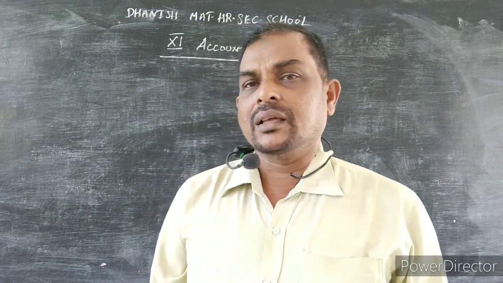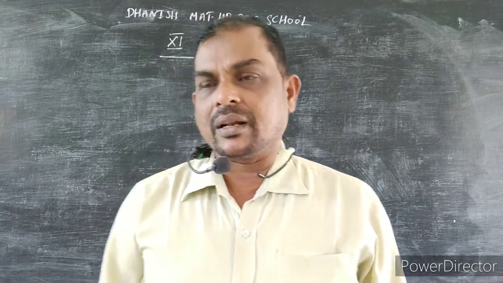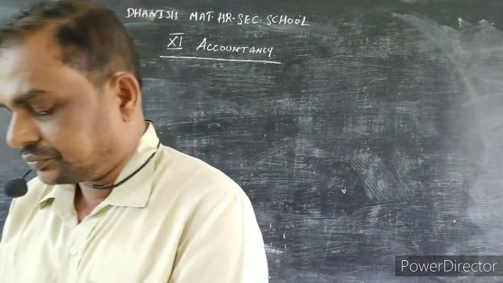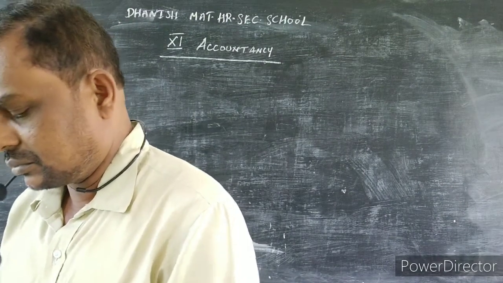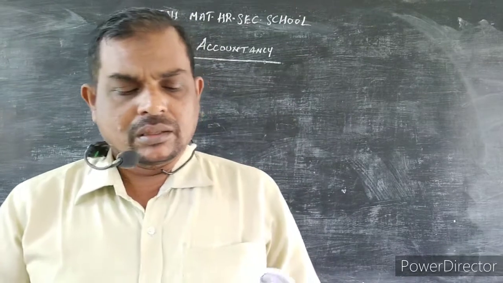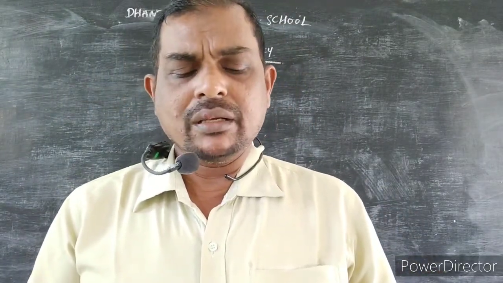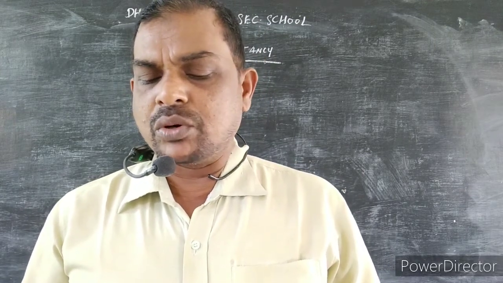Take page number 61, question number 10. Listen students. Raja has a hotel. The following transactions took place in his books.